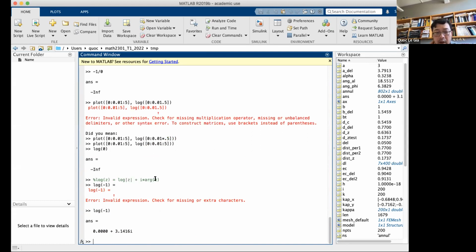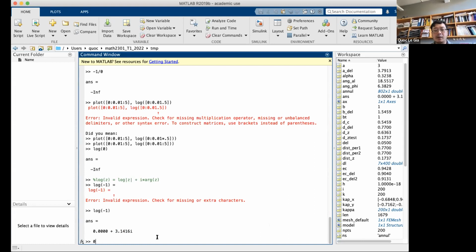Then the argument of minus 1 is just pi, because when you draw the complex plane, the argument of minus 1 is pi. That's why the logarithm of minus 1 gives you approximately pi times i, where i is the complex unit multiplied by the argument. This is only when you have seen the logarithm of a complex number.